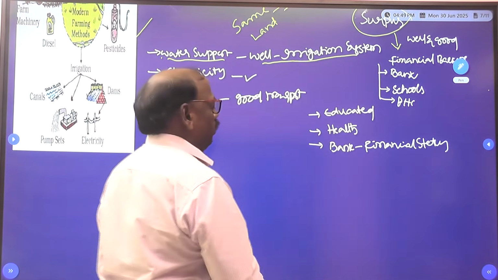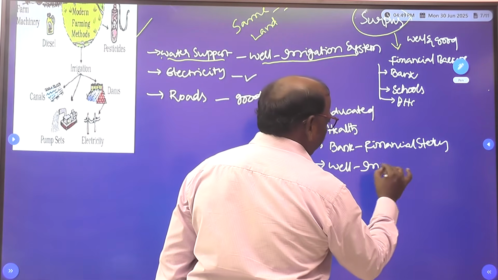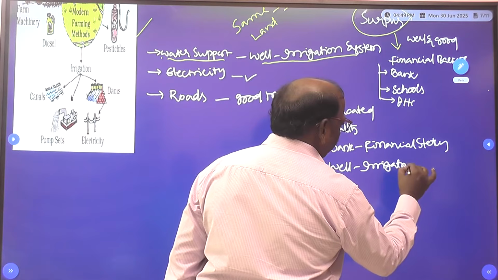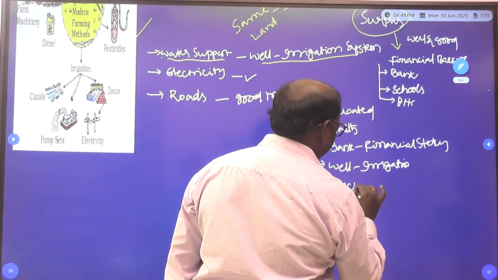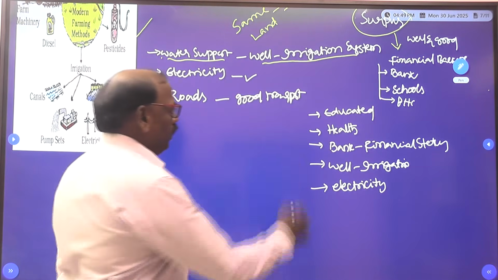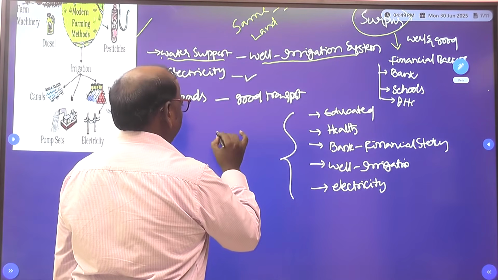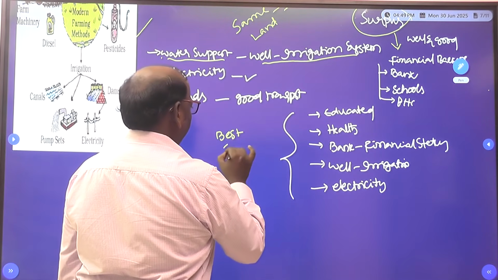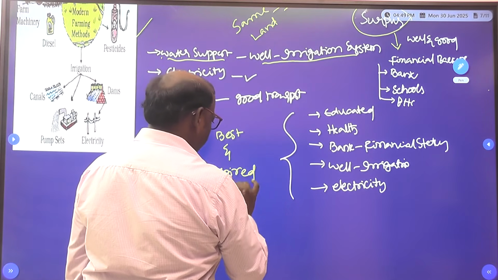and all things. The entire village is having a well irrigation system, and moreover, it has electricity. So if a village is having this many facilities, then obviously it will be the best and an inspired village.